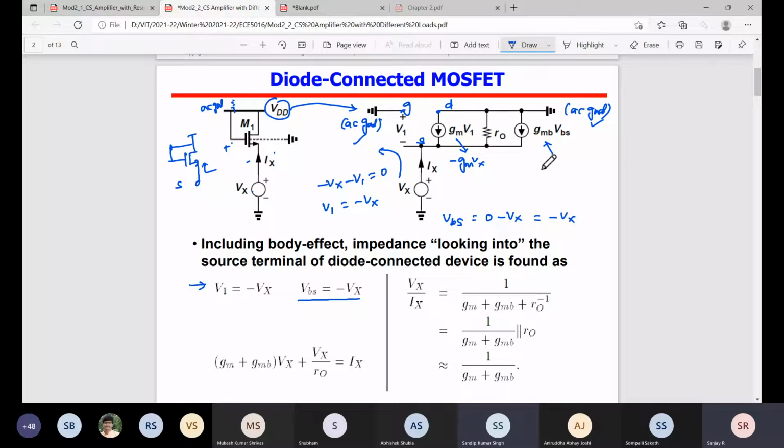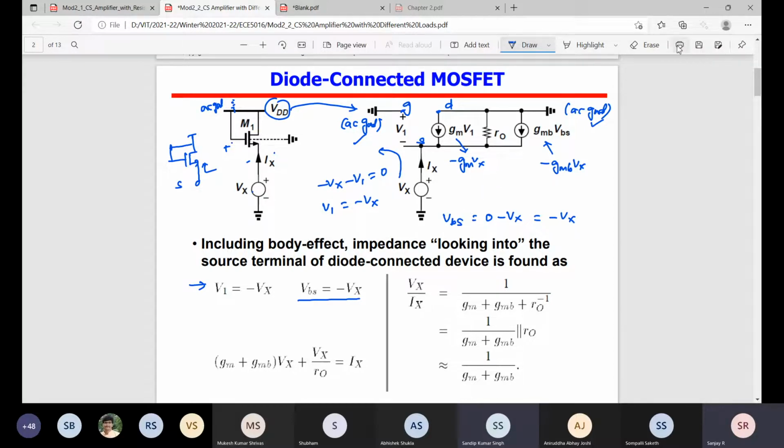VBS equal to minus Vx, so minus gmb into Vx. Fine. So how can I replace this? Current going from top to down is negative, so if you put it bottom to top, it will become positive. So I can replace the circuit like this.